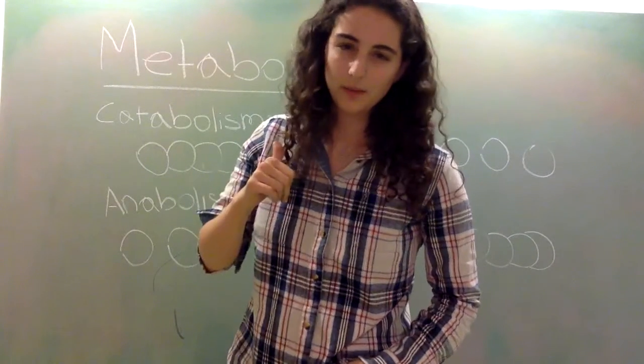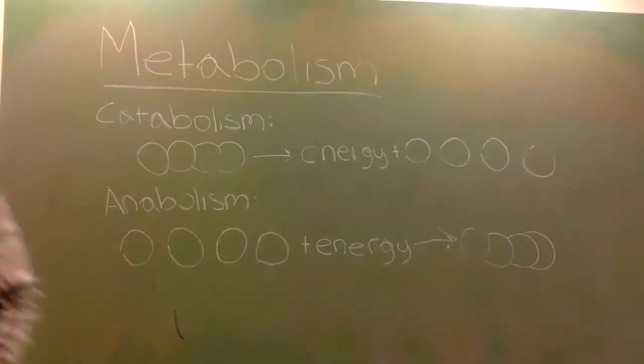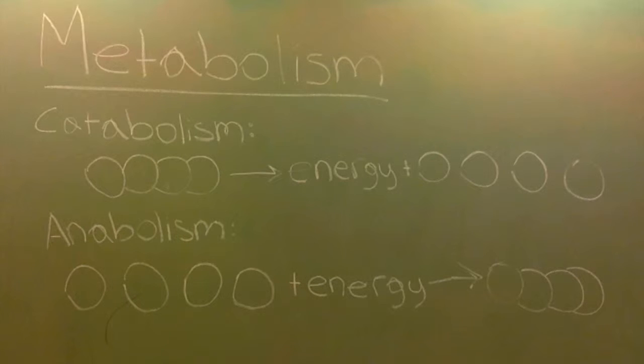Let me just show you a diagram behind me. So we're looking at anabolism, which is the second one. So yeah, as you can see, anabolism is the synthesis in living organisms of more complex substances from simpler ones. Okay, so you see the kind of four separate circles.